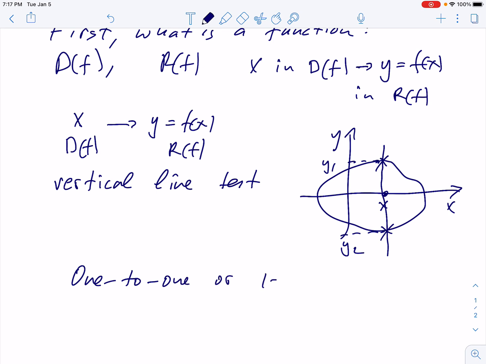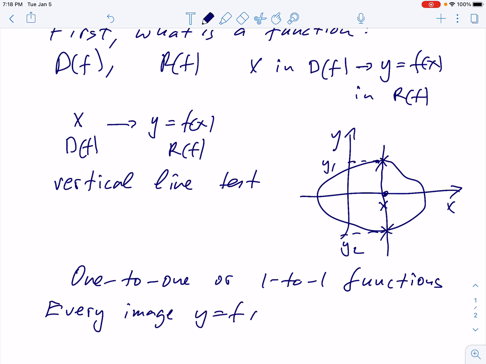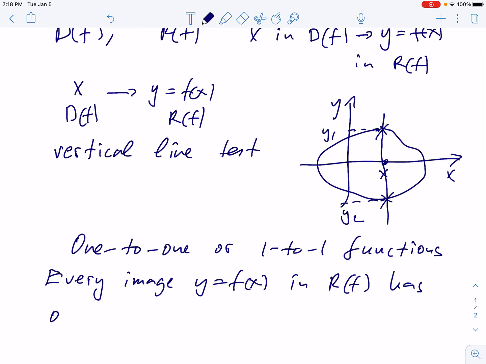These are functions where every image y equals f(x) in the range of the function has only one original x in the domain.